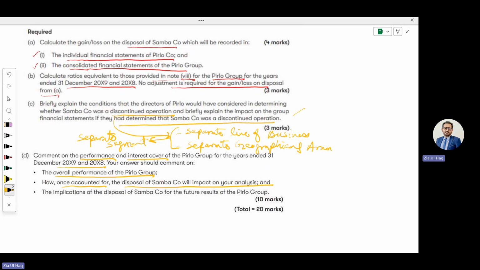After Samba disposal, whether the results have improved or declined. And the implication of the disposal of Samba for the future results of Pirlo, and whether the company will survive in a better way or a poorer way after Samba.